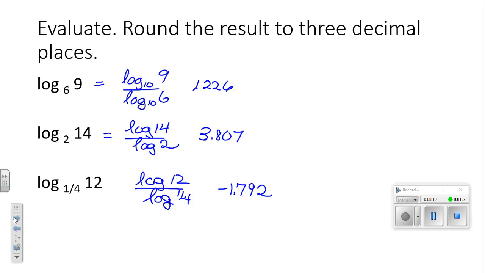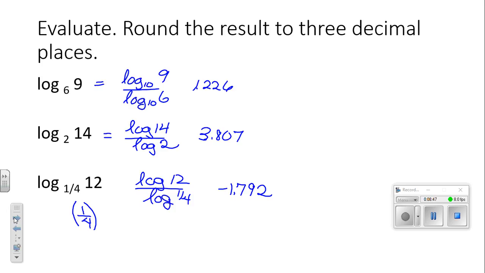Okay, does that make sense, that it would be a negative? Let's think about that. If we had 1/4 to a negative power, that's going to bring that up, right? And make it 4 to the 1.8-ish, right? And 4 squared would get us 16, so that's a reasonable answer. Okay, feeling good about these?